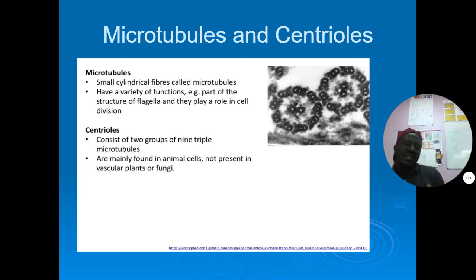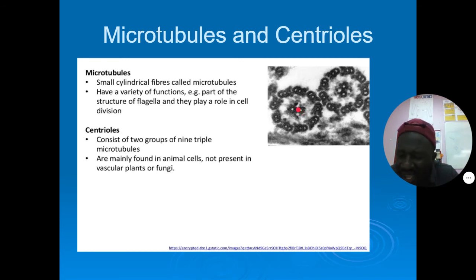So I mentioned that the circle is made up of 9 pairs of microtubules. Now, for the prokaryotic cells, they only consist of 9 pairs of microtubules.